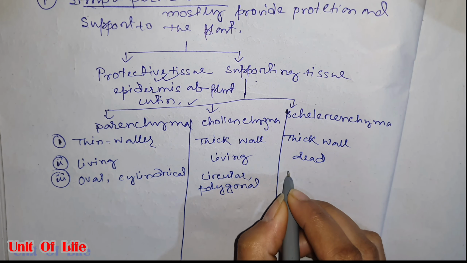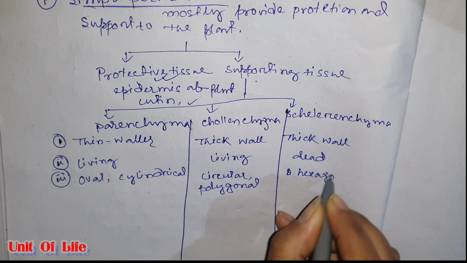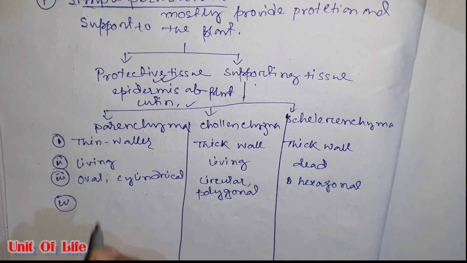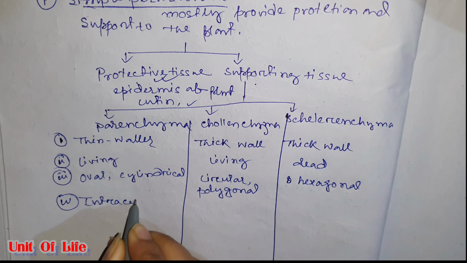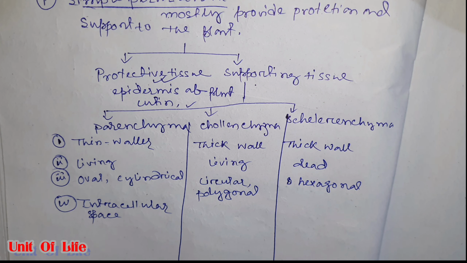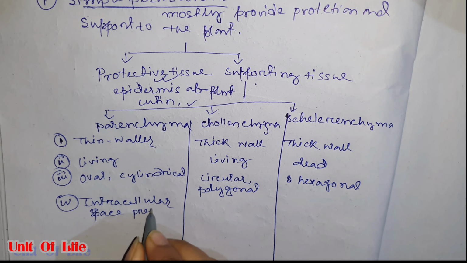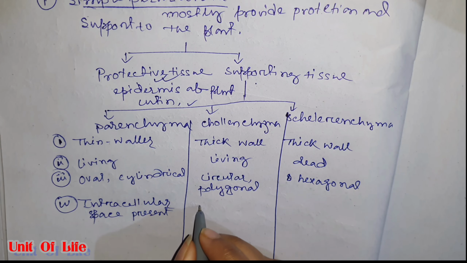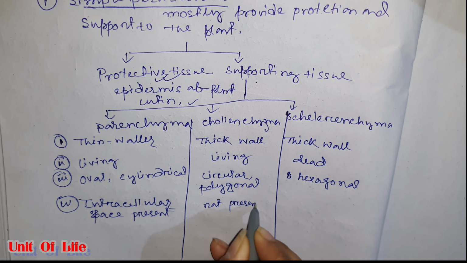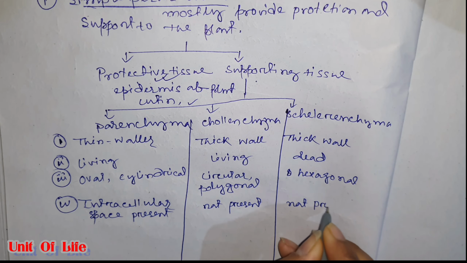Intercellular space means space present between two closed cells. So parenchyma has intercellular space, but collenchyma and sclerenchyma do not have intercellular space, meaning there is no space between two cells. Parenchyma has some special cells called chlorenchyma.